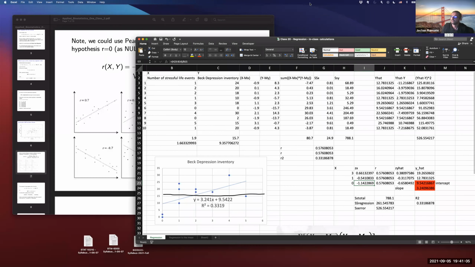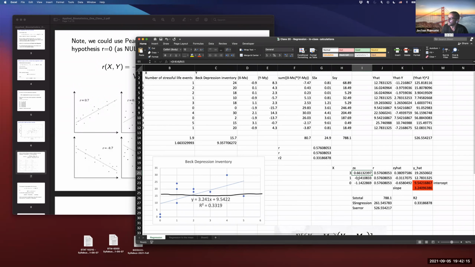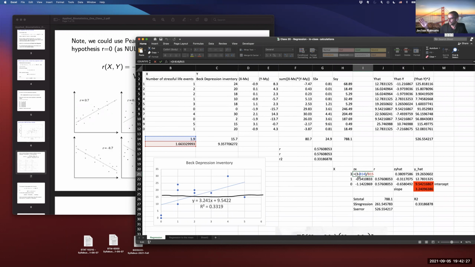So what you mean to do here is the calculation of your set X. If you go for 3, so the set equals 3, you do 3 minus B14, where B14 is your mean, divided by your standard deviation. By that, you get the X value at which the set score is 3.